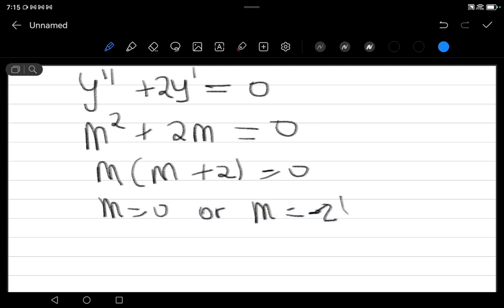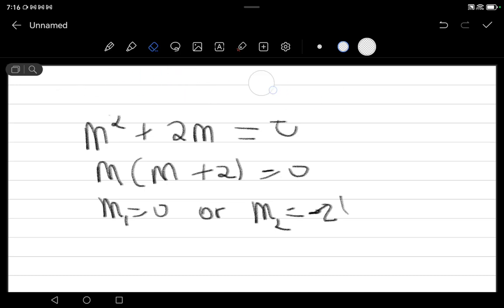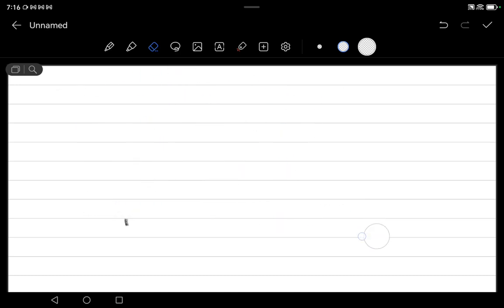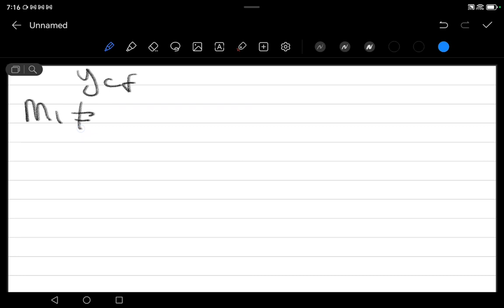So in the complementary function, we're going to be looking for m. We're going to have m1 and m2. Now you have to know this equation for the complementary function YCF. Let's say m1 is not equal to m2.